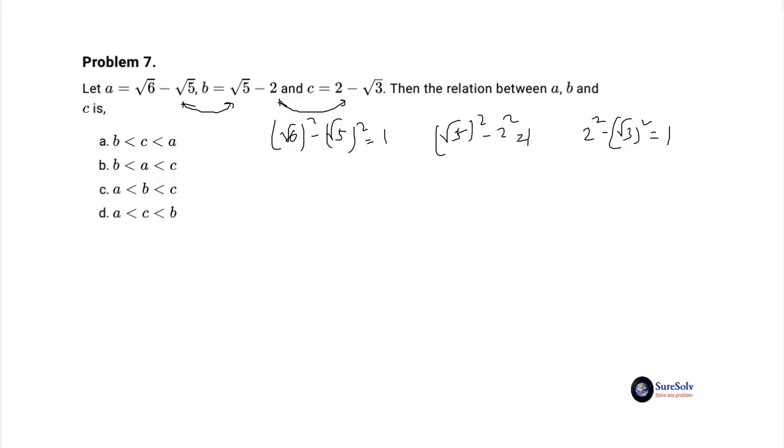Let's show you. Inverting and rationalizing the first sum of surds for value of A, you get 1 by A equal to 1 by square root 6 minus square root 5. Rationalize the denominator by multiplying and dividing the RHS by square root 6 plus square root 5.